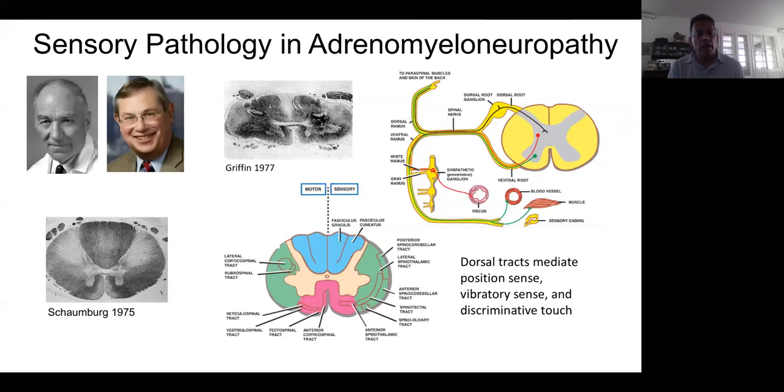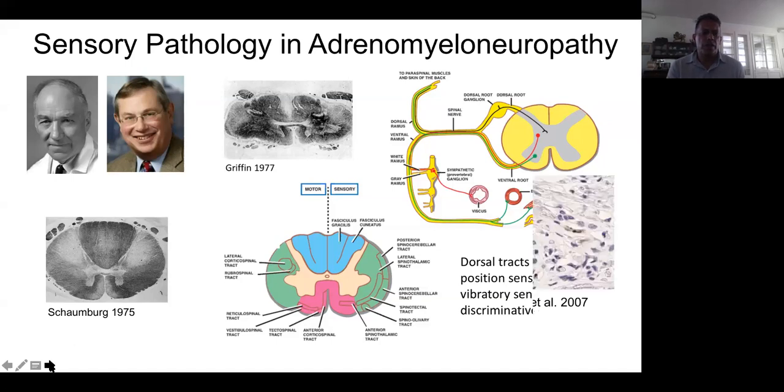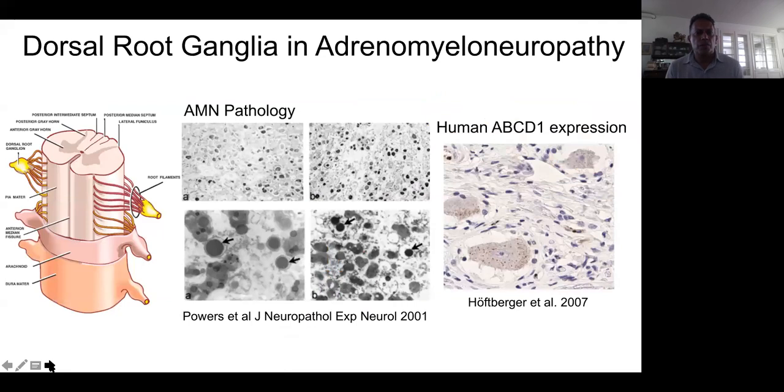There are also some of the highest very long chain fatty acids in the nervous system in this structure. We've spent a few years studying this, but the very first discoveries were by a pathologist named Jim Powers, and he was able to show that these DRGs are really critical. A lot of lipids build up within that structure.